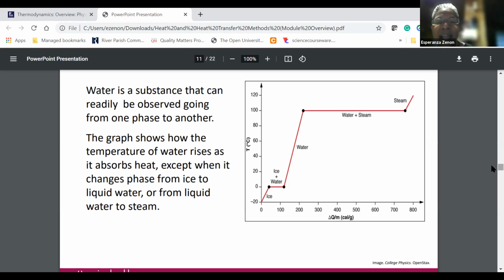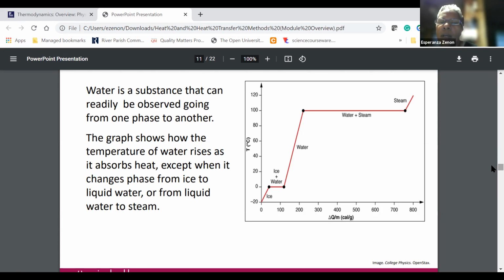Once you get to 100 degrees Celsius, then the temperature pauses. Why? Because that is the boiling point. And until all of the liquid water changes into steam, the temperature is going to stay fixed at 100 degrees Celsius. So while all of the liquid water is converting to steam, you need to use the formula Q equals ml. Why? Because there's no temperature difference happening there.